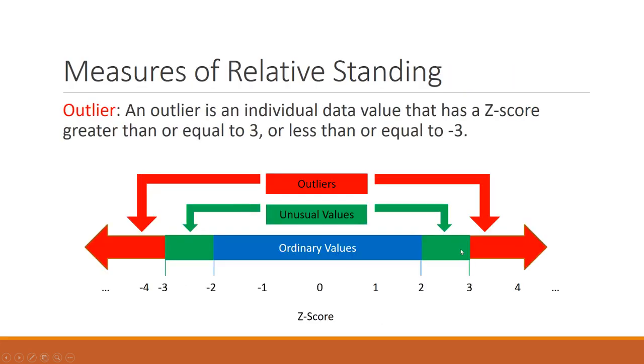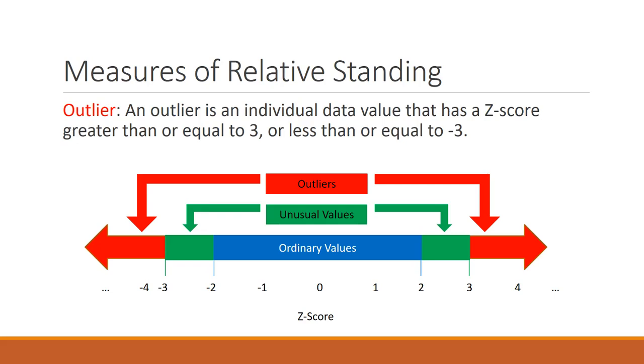So we're looking at unusual values. It's unlikely to get a value between 2 and 3 or between -2 and -3. And if you find a value that is larger than 3 or less than -3, this is an extremely unlikely value.